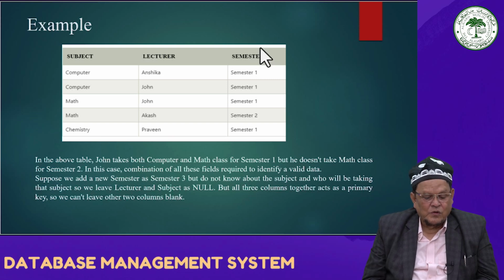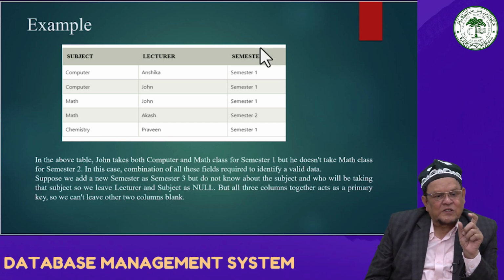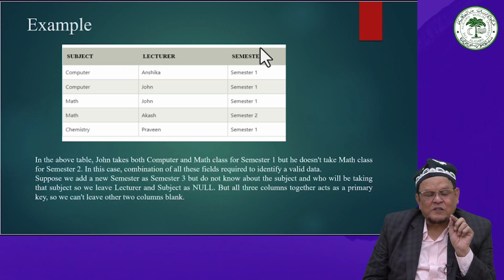Suppose we add a new semester, semester 3, but we do not know the subject and who will be taking that subject. So we will leave lecturer and subject as null. It means in the third semester we want to add.